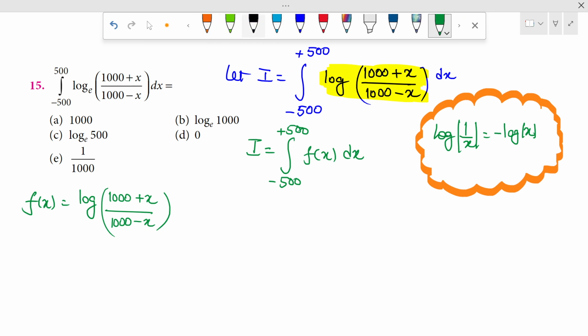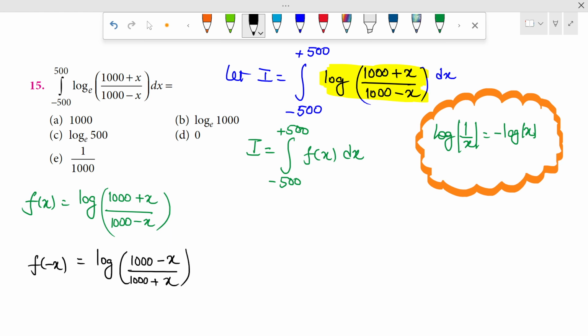Now if I put minus x, so f of minus x, where I have x I can put in minus x: (1000 minus x) by (1000 plus x).